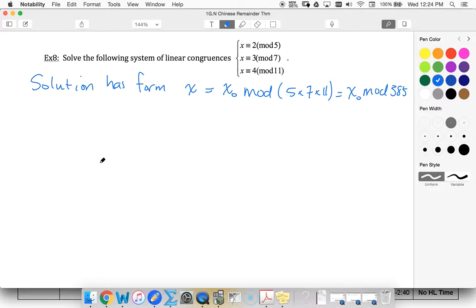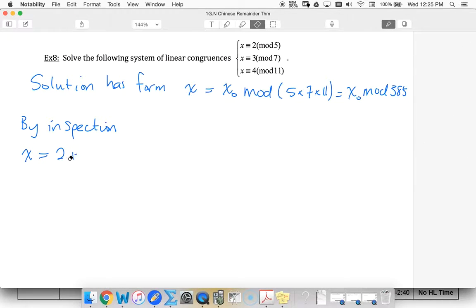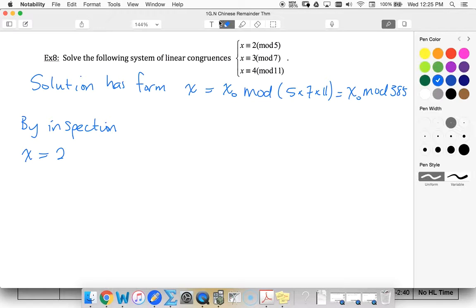Okay, so I know this, but I'm going to start looking just at my first 2 equations. By inspection of the first 2 equations, and I'm using inspection because it's nice and easy for these 2. From the first one, I've got potential solutions 2, 7, 12, 17, etc. In the second equation, I have 3, 10, 17.